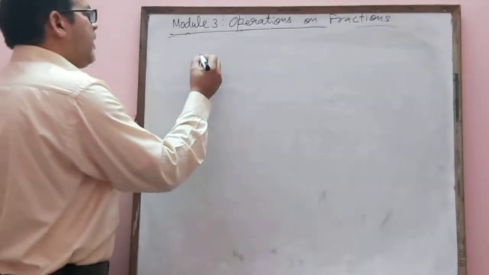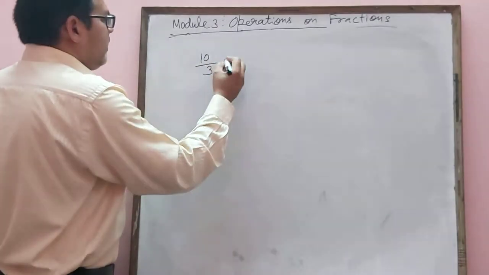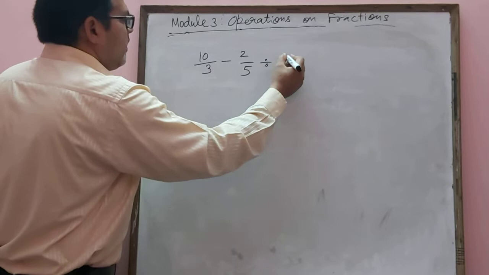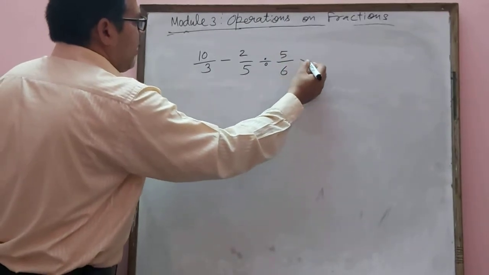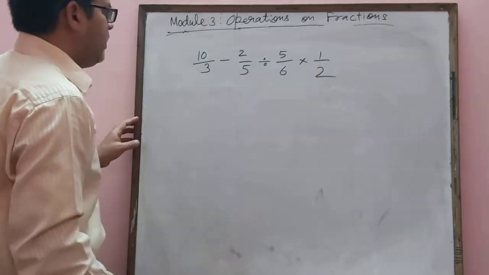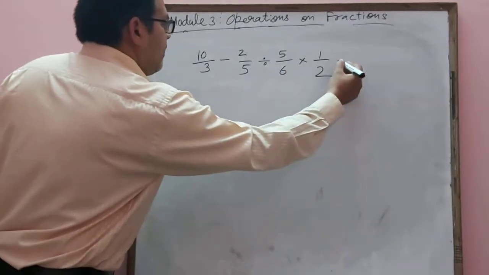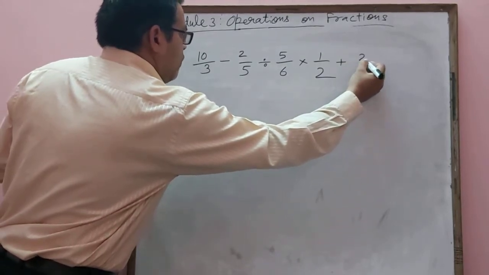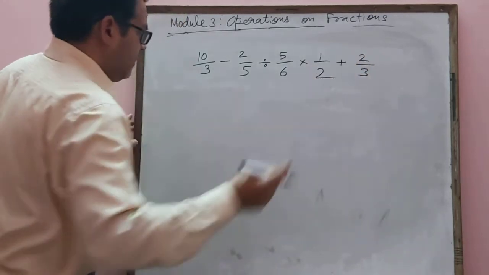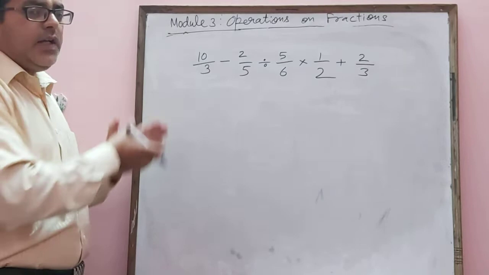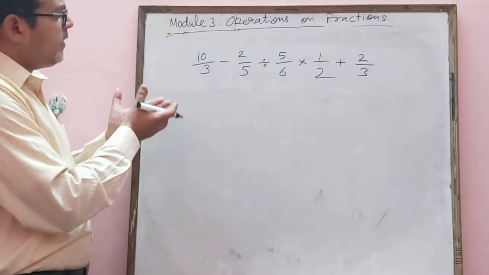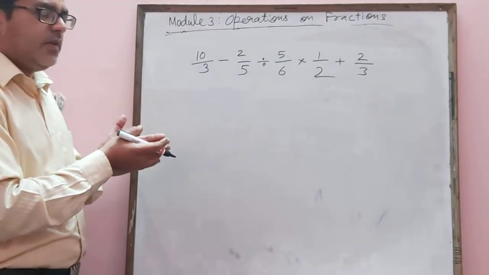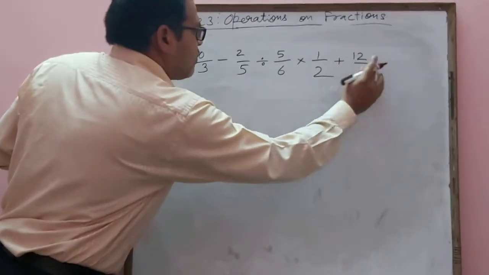So I am taking 10 by 3, then minus 2 by 5, then divided by 5 by 6, then multiplied by 1 by 2, and then plus 12 by 5.